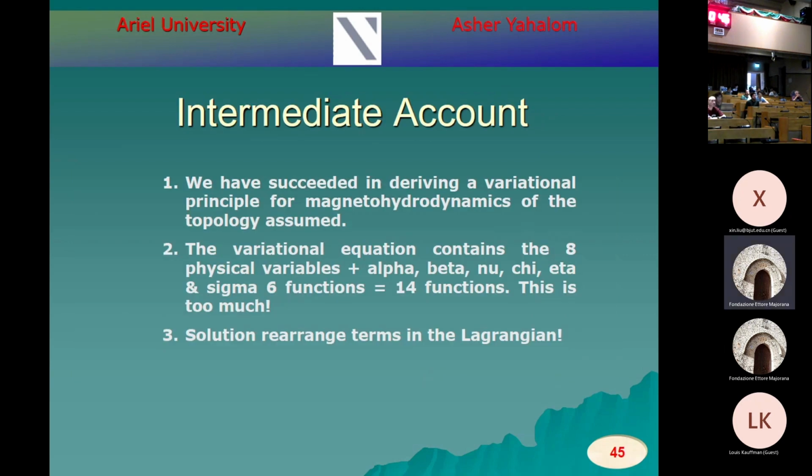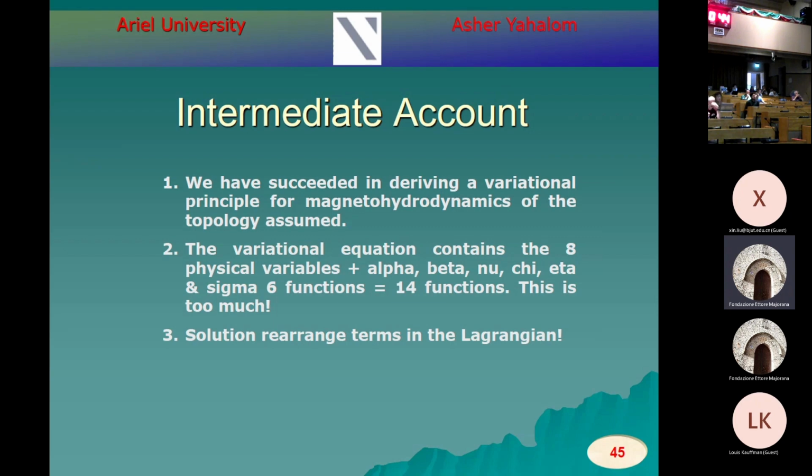So what can we say? We can say that we succeeded in deriving a variational principle for magnetohydrodynamics of the specific topology, of course. And then the variational equation contains the 8 physical variables and additional auxiliary variables. So we have 14 functions, and this is not very attractive.